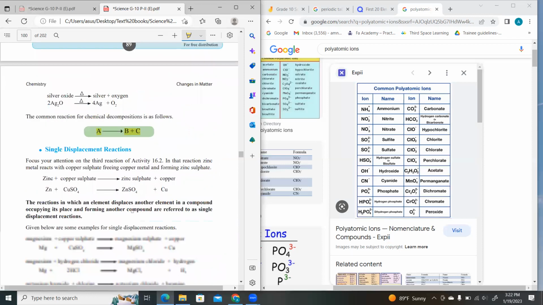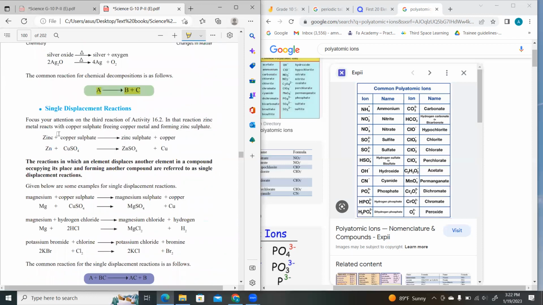That means in this reaction, when you have zinc and copper sulfate together, zinc will be picking sulfate as the partner and kicking out the copper, right?